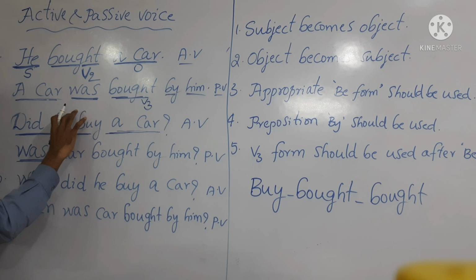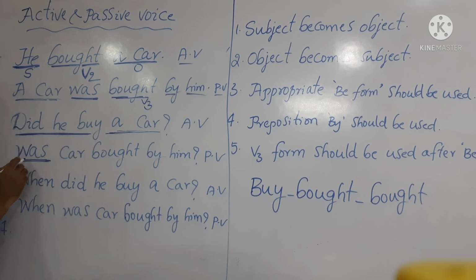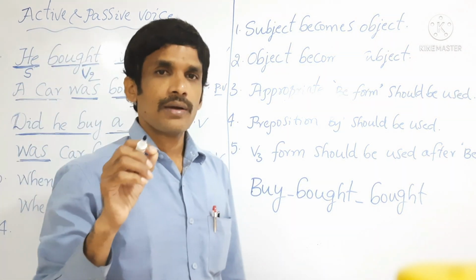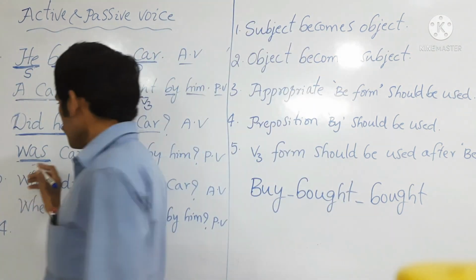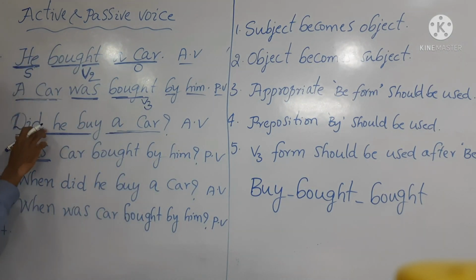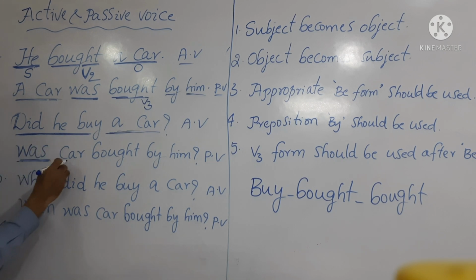Active voice is a question and passive voice also must be a question. That's why we have to start this passive sentence with the appropriate be form. The given sentence in active voice is past tense. That's why the be form of the past tense only we have to write here. Was, after that the subject, was car.